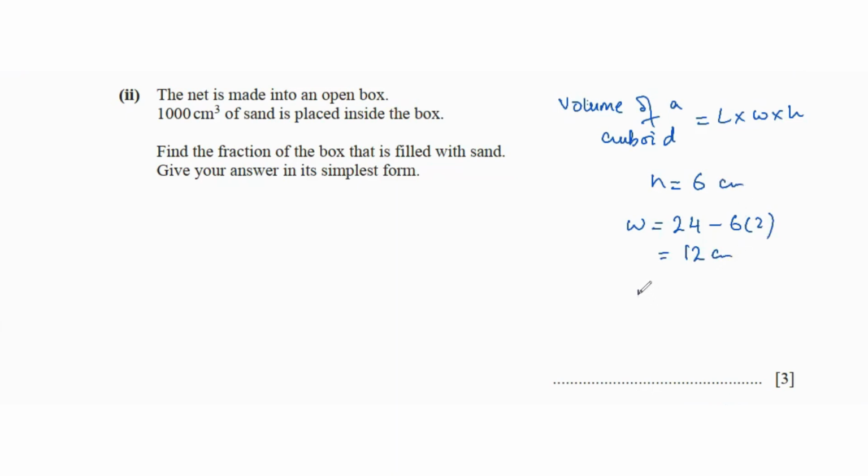And for the length, that's going to be 30 minus 6 times 2, which is 30 minus 12, which is 18. So volume would be, in this case, 12 times 18 times 6, which is equal to 1296 centimeters cubed.